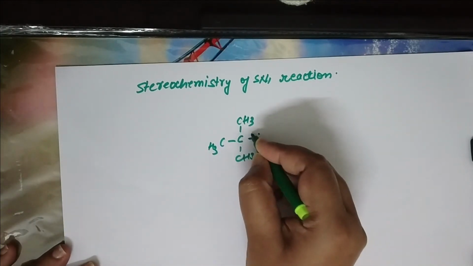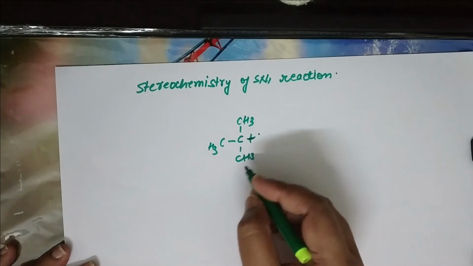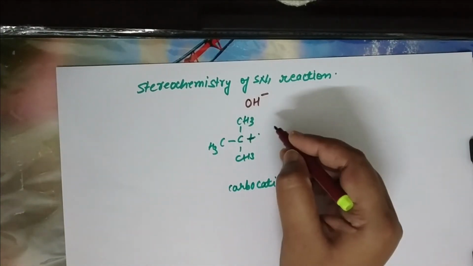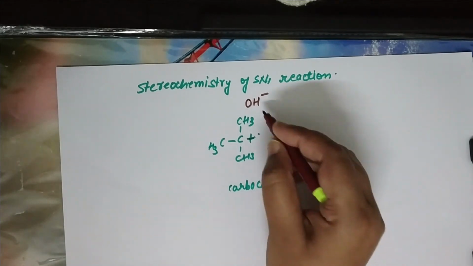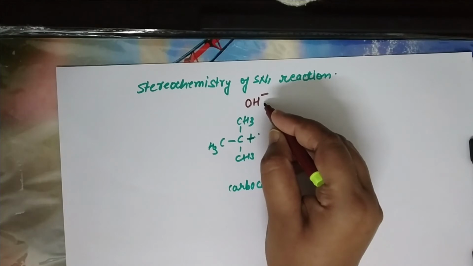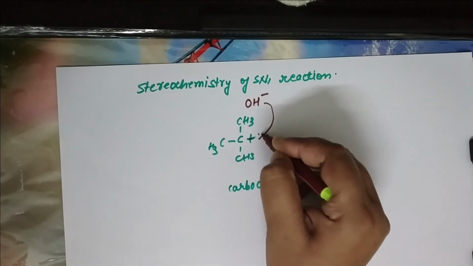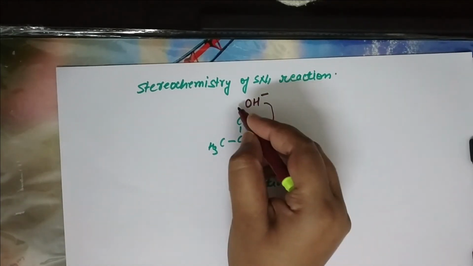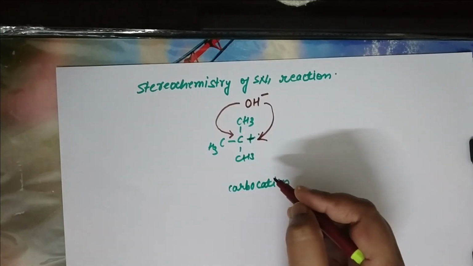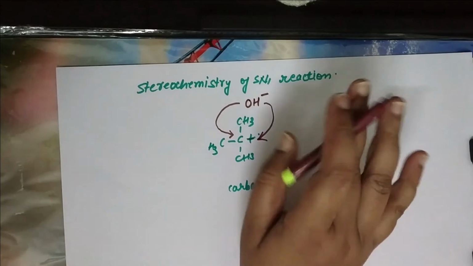See, this is our carbocation and this is our nucleophile, OH minus. If both have to react in the second step, this OH has an opportunity to attack either from this side or from the back side. Attack means the attachment position.